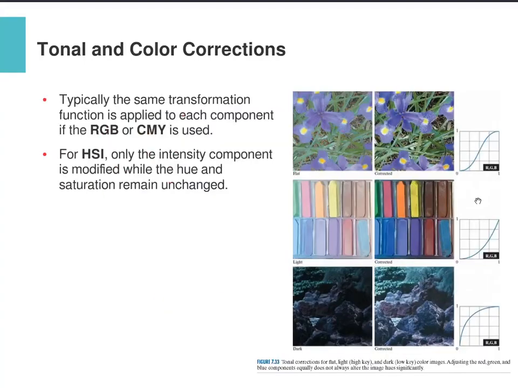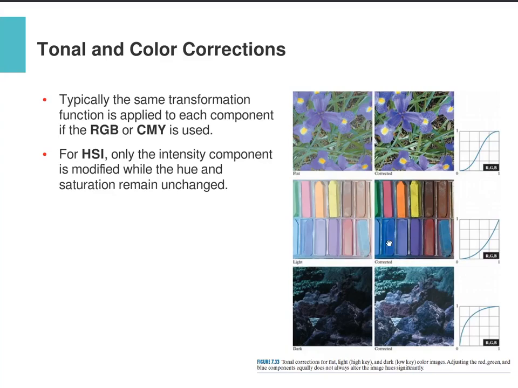So what about tonal and color corrections? Typically the same transformation function is applied to each component in the RGB and CMY model. For HSI, you only need to change the intensity component, and you leave the saturation and hue components unchanged.